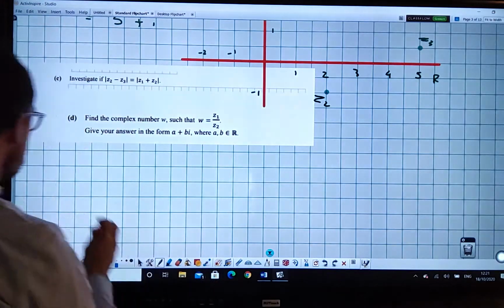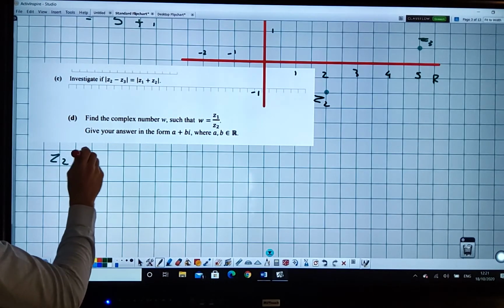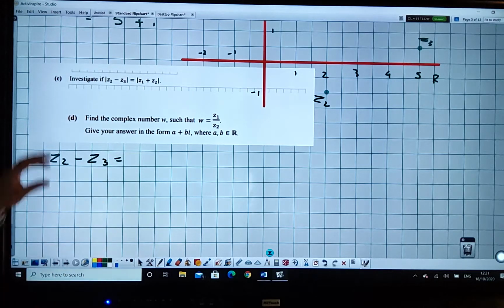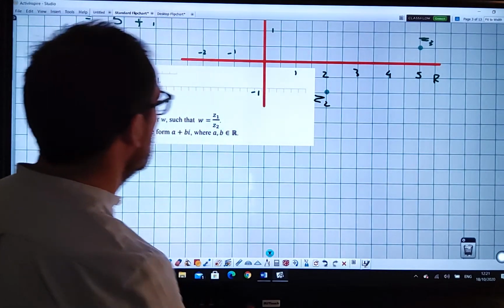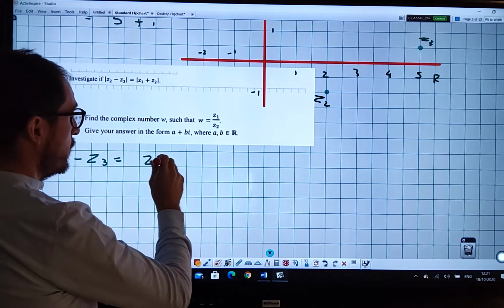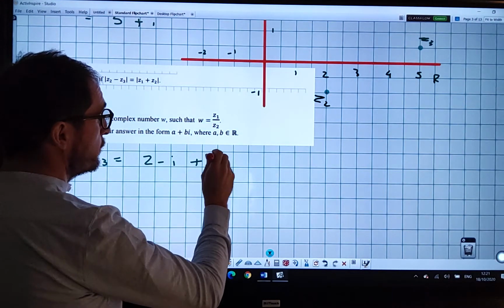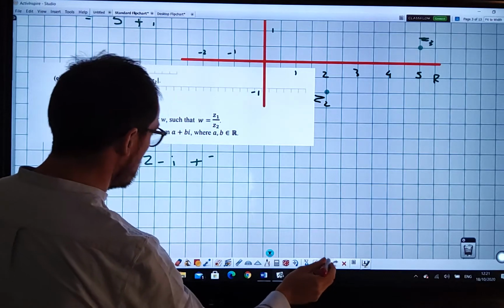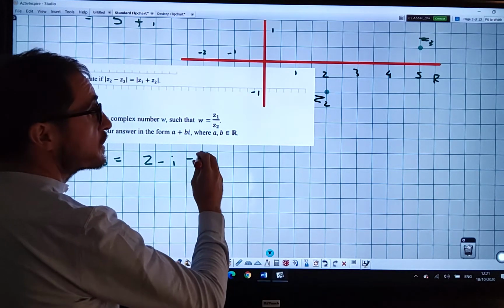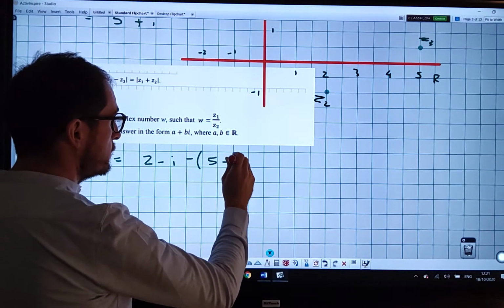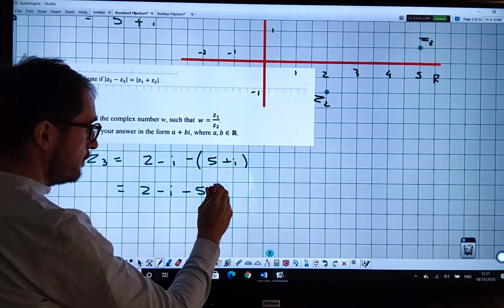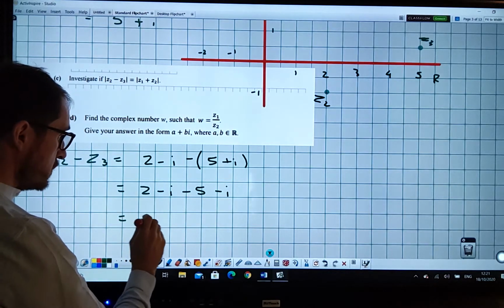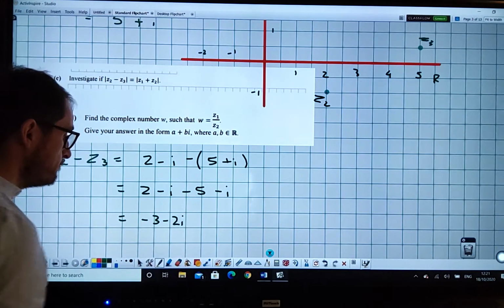So if we get z2 minus z3, you do what's inside the lines first, okay? So z2 minus z3, which is 2 minus i, minus, and then it's 5 plus i. Now, this is where you just be careful with your sign. So that's equal to 2 minus i minus 5 minus i, which is minus 3 minus 2i.